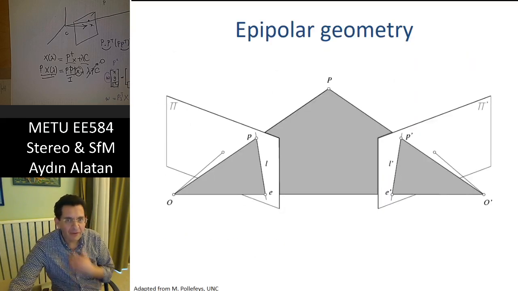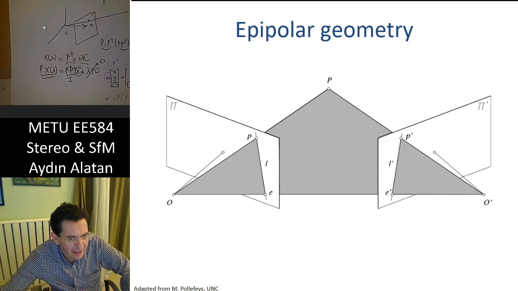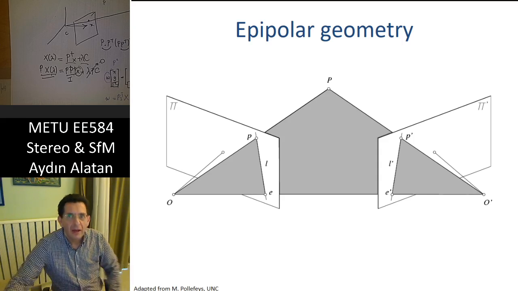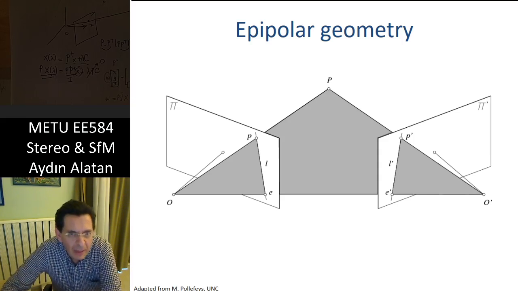Now, after this little introduction, let's look at the fundamental concepts of epipolar geometry. Although we have seen a little bit about these things, let's look at more. This is our arbitrary geometry: the point P, image planes P and P prime, and the camera centers.